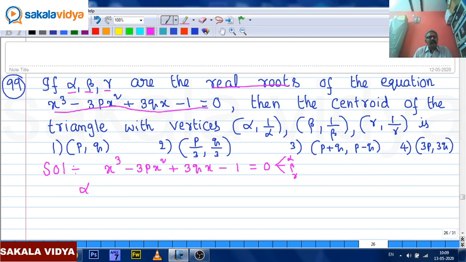Alpha plus beta plus gamma is minus x square coefficient by x cube coefficient, that is 3p. This is also called S1. S2, alpha beta plus beta gamma plus gamma alpha, equals c by a, this will be 3q. Next, alpha beta gamma is minus d by a, so plus 1. Now we know these values.